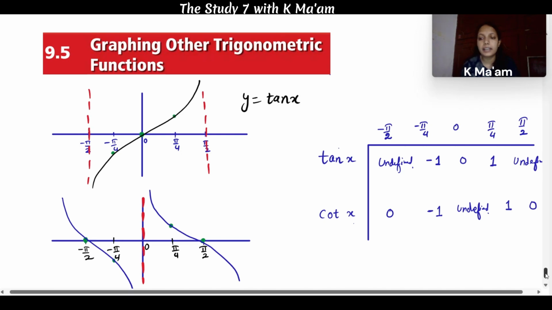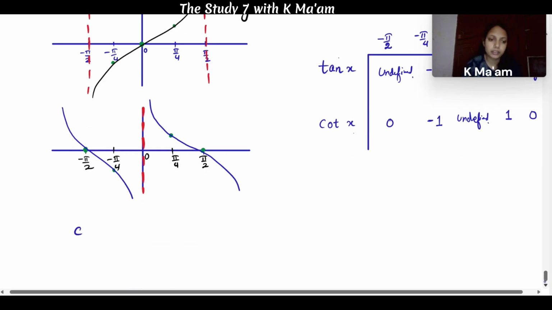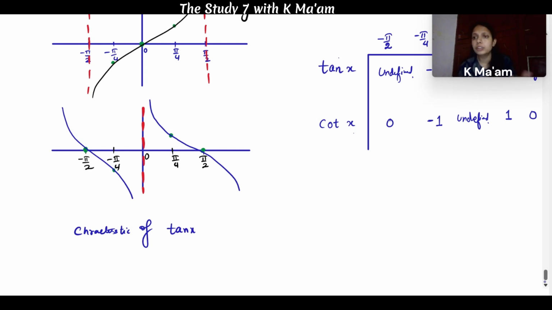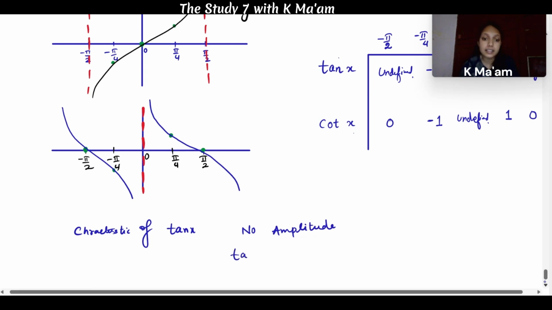Let's talk about the characteristics of this function. Characteristics of tan x. Like sin x and cosec, there is no amplitude because there is no maximum value. It goes to infinity at the highest and negative infinity at the lowest. So no amplitude. Tan x has a period of pi, not 2 pi.